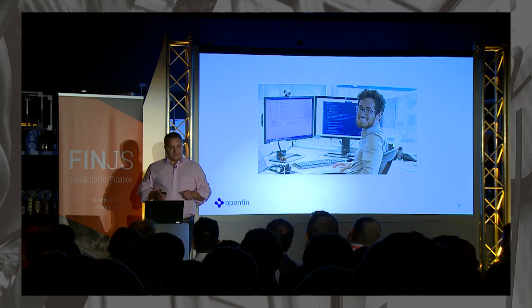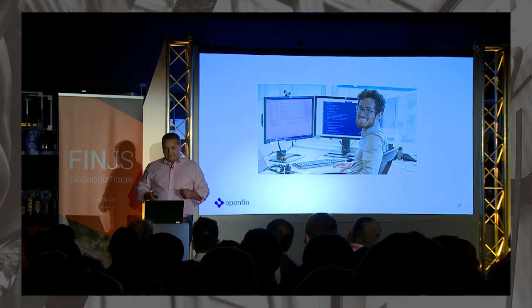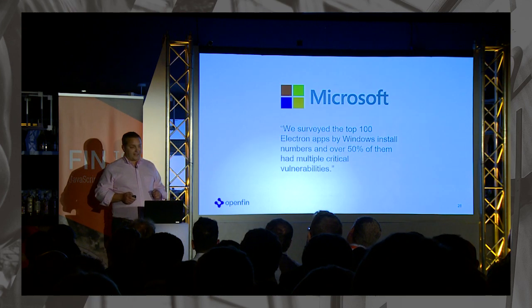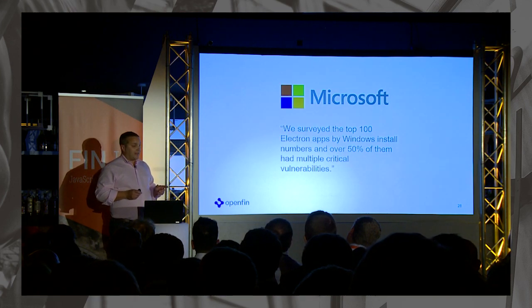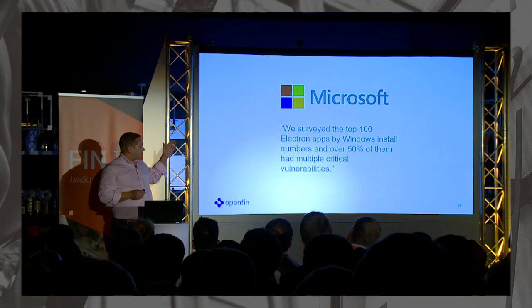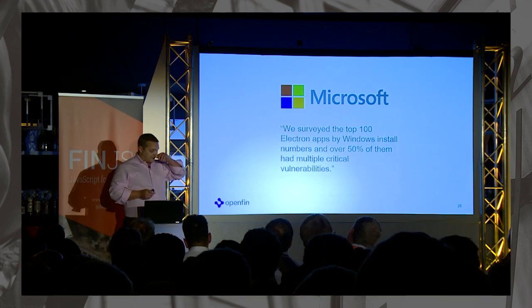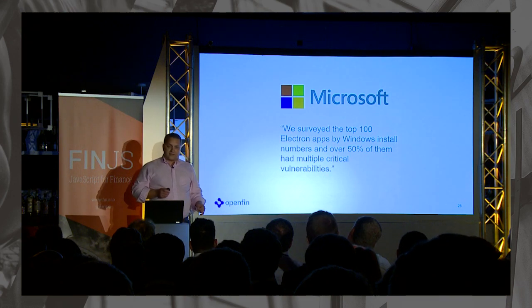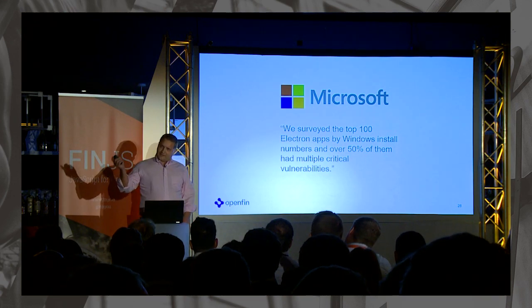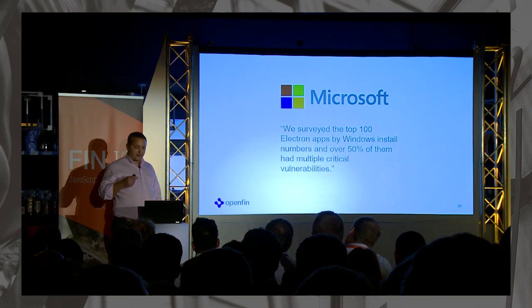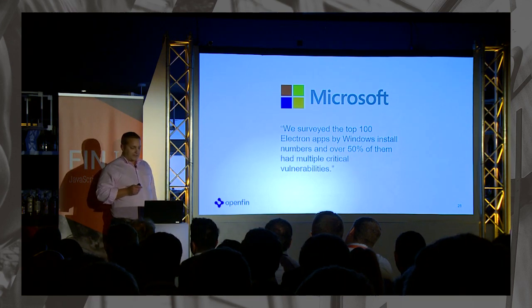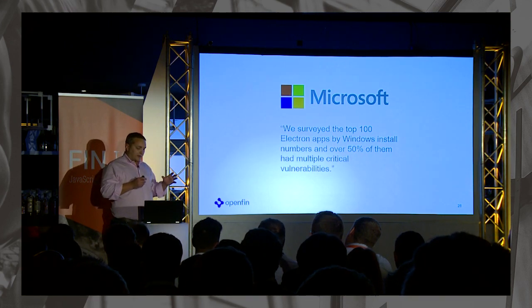Still a challenge. And if you're using an Electron application today, it's good to keep in mind that Microsoft actually did this study. This is Patrick Kettner from Microsoft. He spoke at the FinJS last year, and he talked about Microsoft's world and how it relates to Electron.